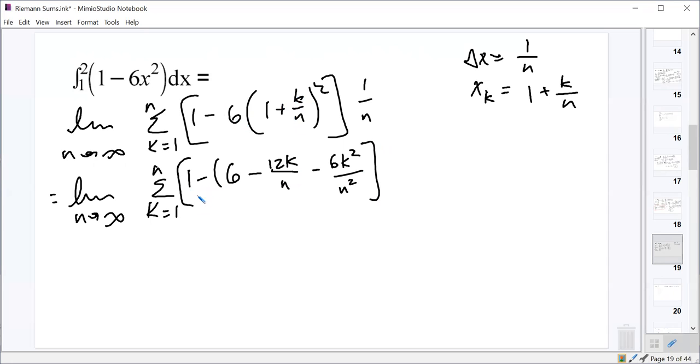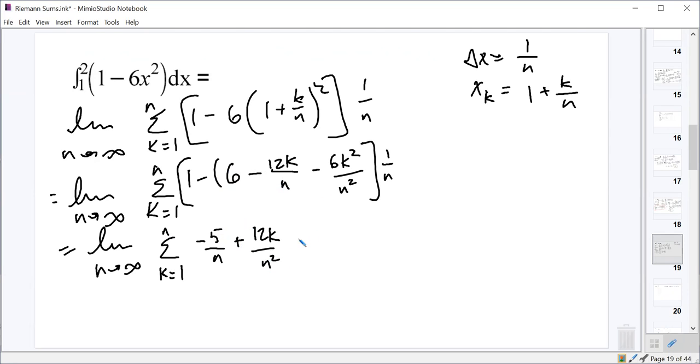So we distribute all that through. The 1 minus the 6 is -5, so we got -5 over n, and then that becomes plus 12k over n squared and plus 6k squared over n cubed.